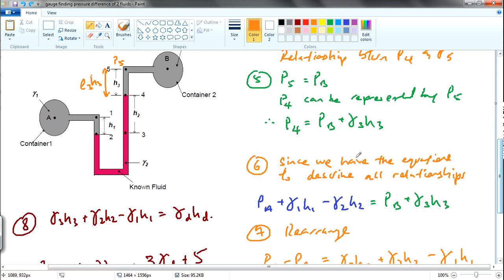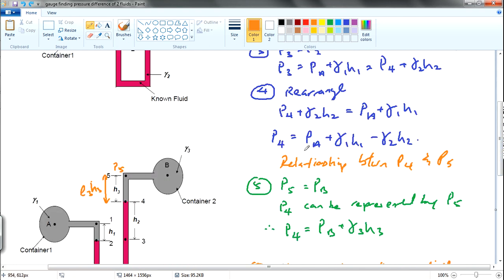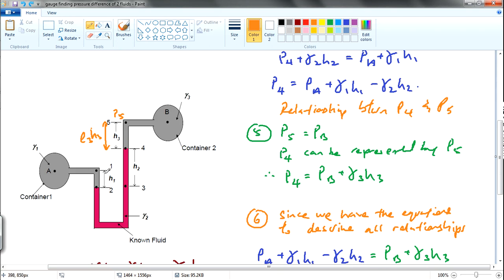Since we have all the equations, P4 can be described by this one and this one, and in this case P4 can also be described by this length. So this is equal to the changes in this point and this point, if you were to say so.